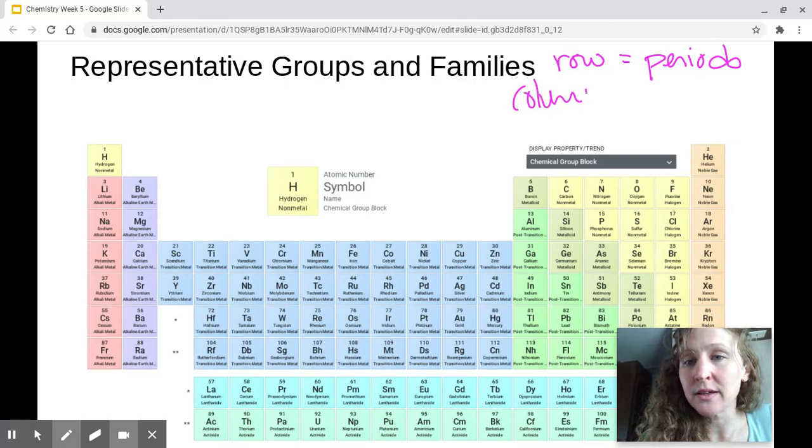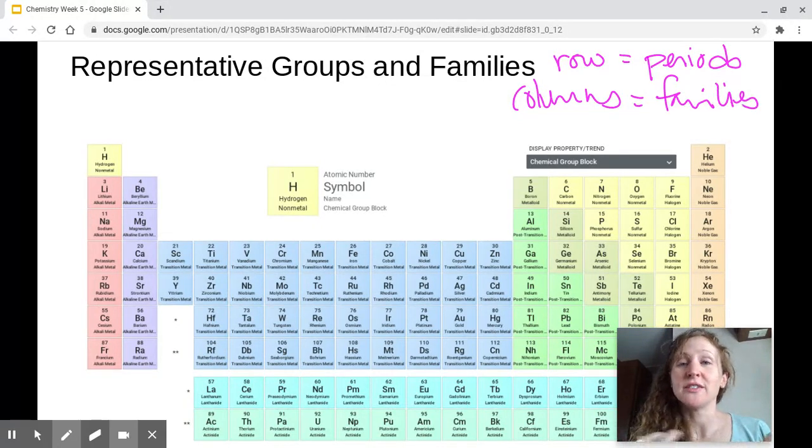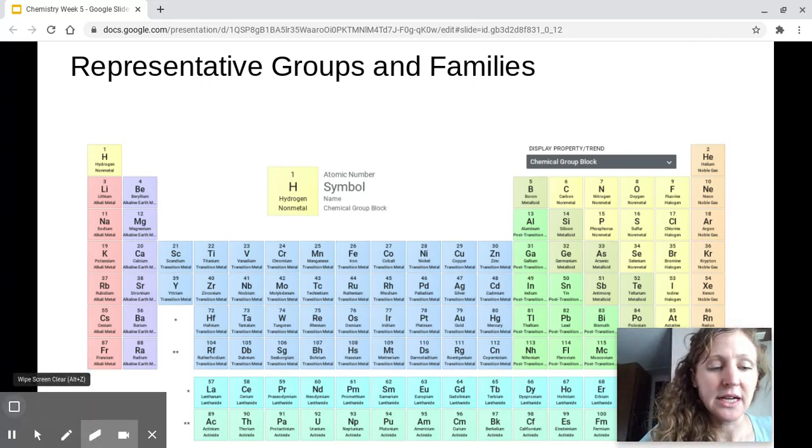Columns on the periodic table are called families. And we start to see why they're called families when we look at the families themselves, some properties inside them, and then their electron configurations also. So let's start to look through these representative families and see why that's the case.